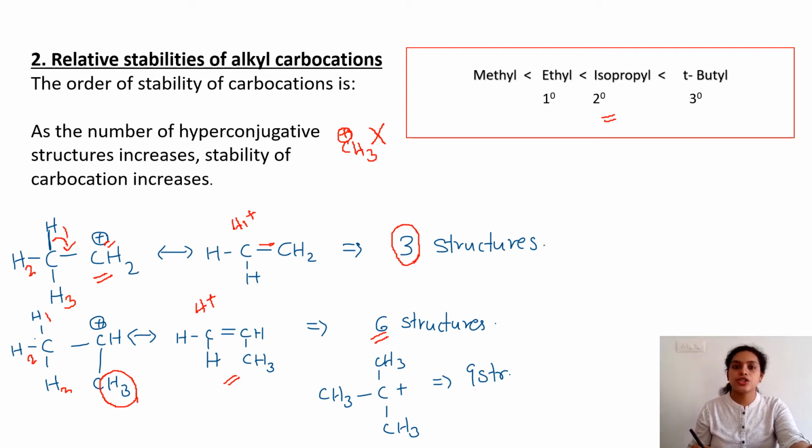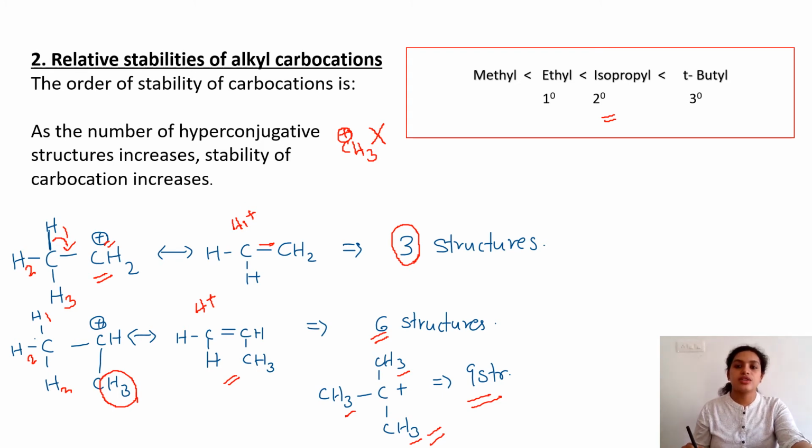And this is the structure of tertiary butyl carbocation. Here you can see 3 plus 3 plus 3, there are 3 methyl groups and therefore 9 hydrogen atoms at alpha positions with respect to the carbon carrying positive charge. Therefore, this tertiary butyl carbocation exhibits 9 hyperconjugative structures, and therefore it is the most stable one.